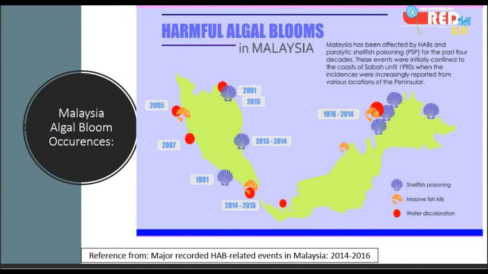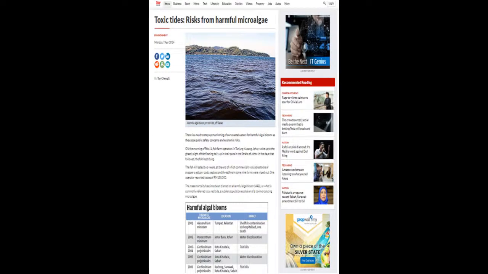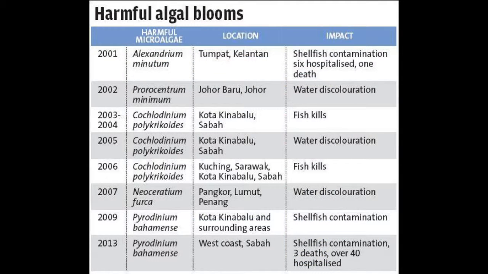In Malaysia, the first case of HAB was reported in 1976, and since then, new cases of HAB were reported annually, mostly in Sabah. From year 2001 to 2013, various HAB cases were reported in Kelantan, Johor, Perak, Pulau Pinang, and Sabah.